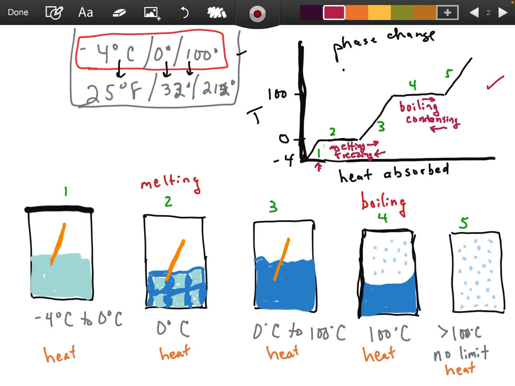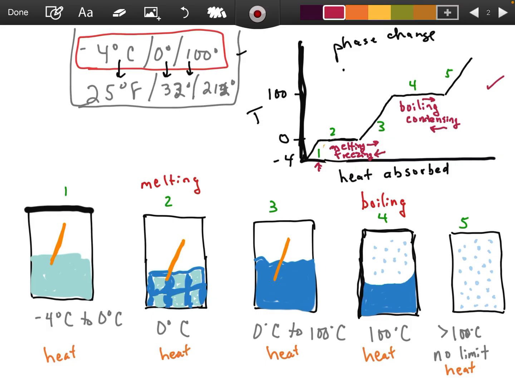It doesn't start to melt until it gets to 0. Once it gets to 0, all of that ice is going to begin to melt. And while it is melting, the temperature will not change. The temperature will remain at 0 degrees Celsius, as long as you're adding heat to it.